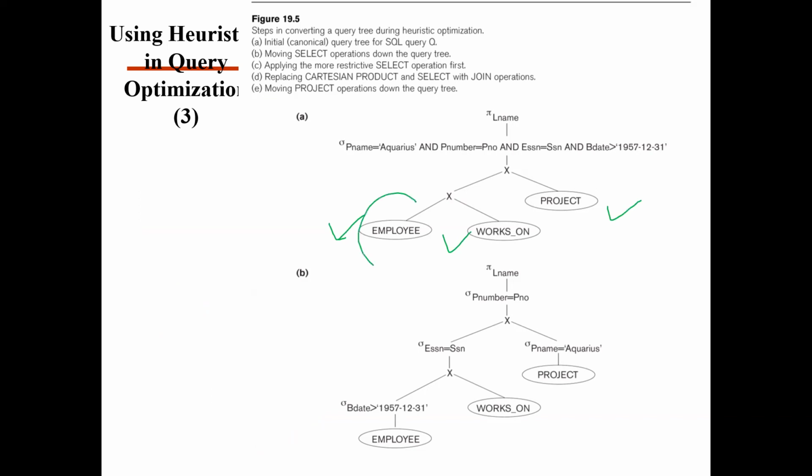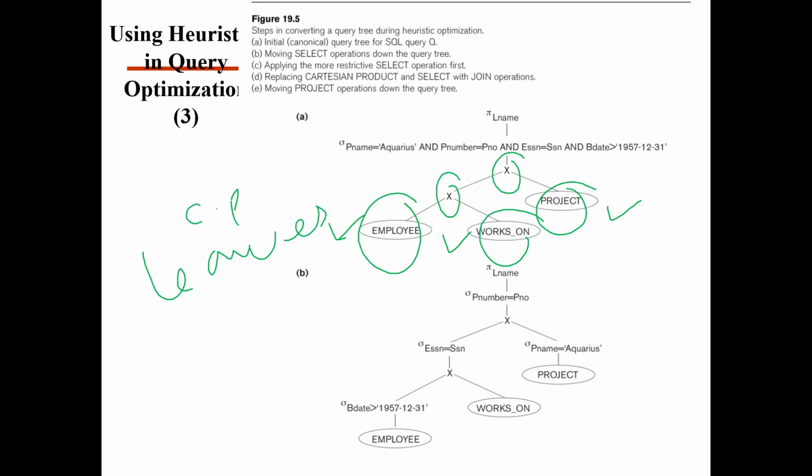We are connecting employee with works on with the cross product. Then the result of this is cross product with the project. So all these 3 are now linked together. Remember, cross product going forward will be replaced with the join operation because cross product generates many rows. Okay. So we are done with the leaves, and the tables are connected here by the cross product.